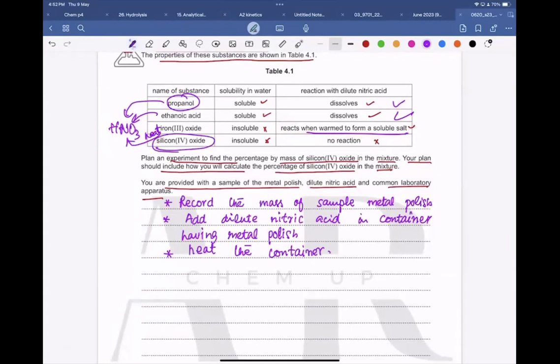Is this understandable? So what do we do next? So on heating the container, we get rid of the iron 3 oxide from the metal polish as well. Now that solid has only silicon 4 oxide. Filter to separate solid residue, which is only silicon 4 oxide.